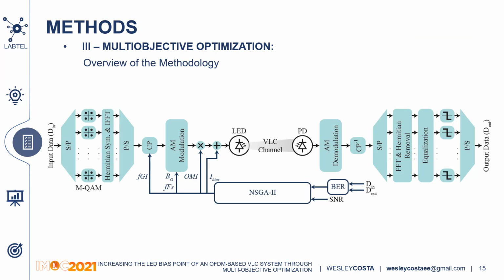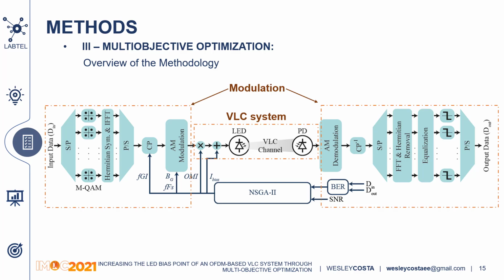So this is the overview of the methodology. We used here the VLC channel. So the VLC system was used in this work. The modulation used here was orthogonal frequency division multiplexing with the Hermitian symmetry and AM modulation for the passband signal.